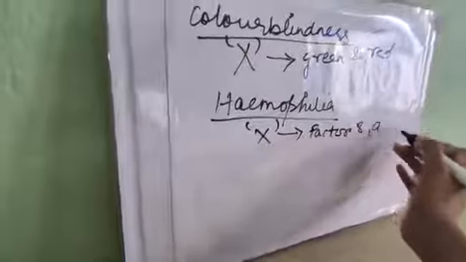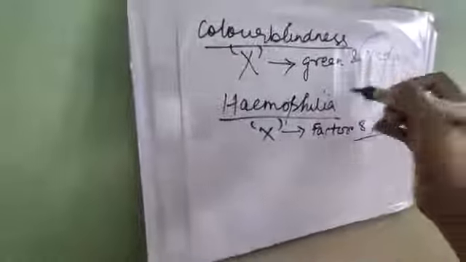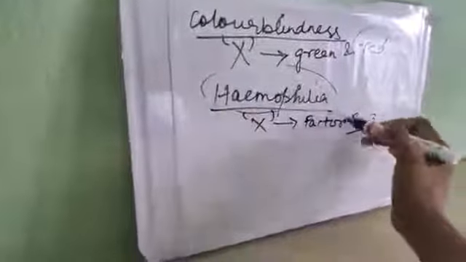We require factor 8 and factor 9, these are the two proteins that we require for blood clotting. But those who have this hemophilia disease cannot produce these factors. Now, if these proteins are not there, that means blood clotting will not take place.